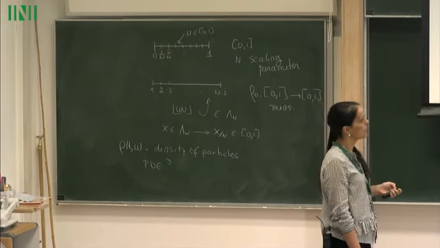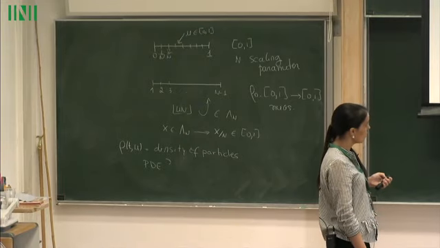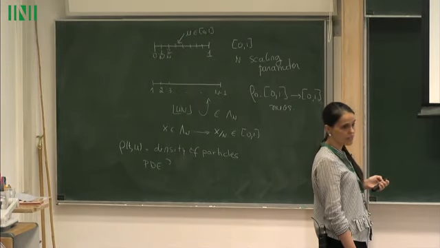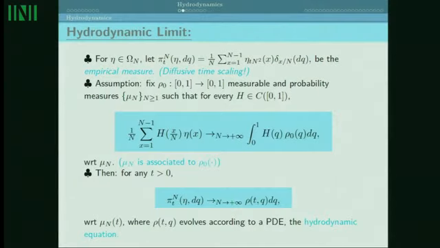So let me explain what this limit means. On the left-hand side, this is just the integral of the test function with respect to this empirical measure. This is what is written here because this is a sum of Dirac measures. On the right-hand side, this is the integral with respect to a measure which is absolutely continuous with respect to the Lebesgue measure, with this density, which is the profile that we fixed.